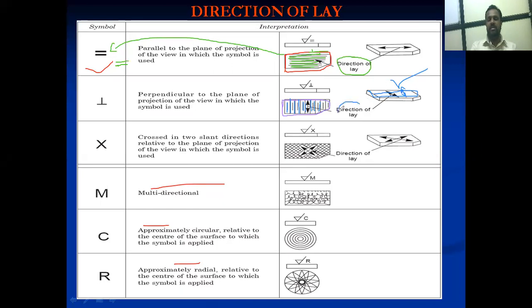If such a direction of lay is there, we show it with the help of this symbol. We just have to draw the perpendicular sign like this. This is the symbol for the perpendicular direction of lay. Understood?